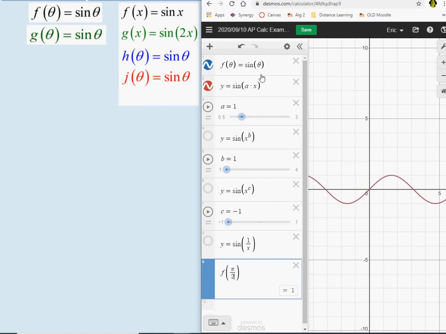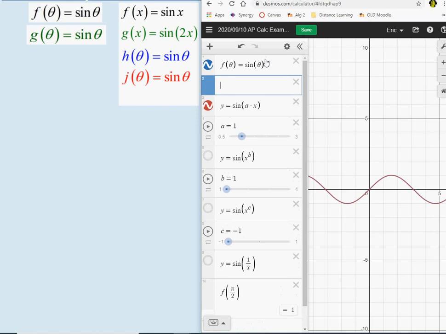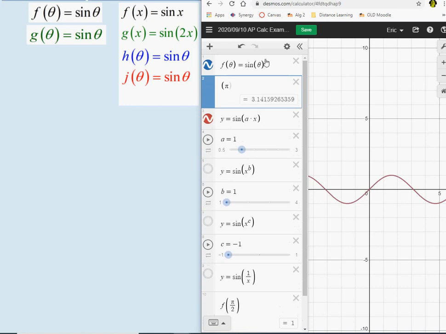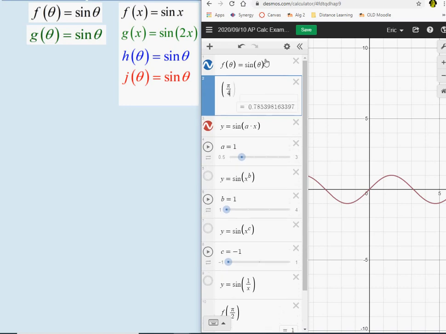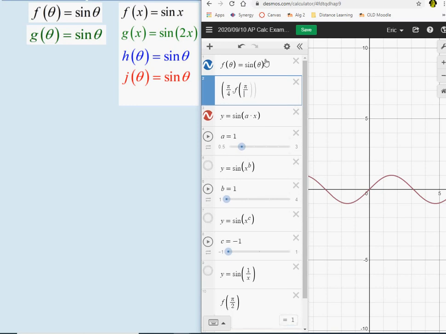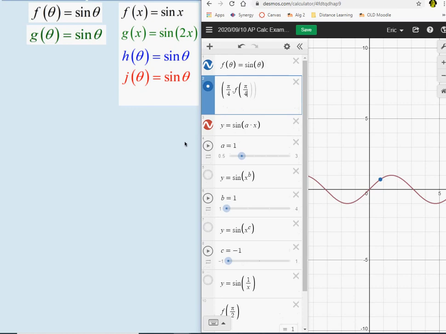So if I just had a regular f of x equals sine x, I'd be at the point f of pi fourths, which is right there on the blue function. Down here on the green function, where am I going to be?